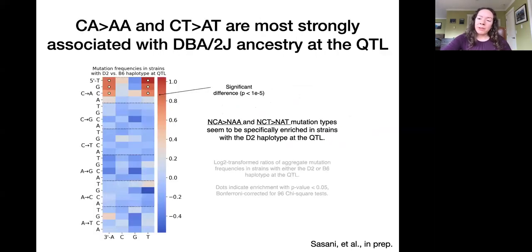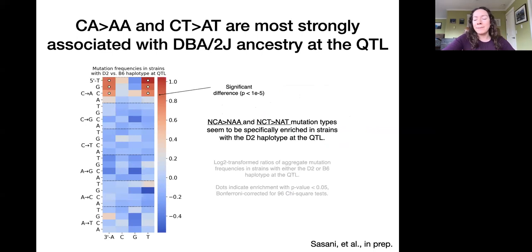And we also examined the triplet context distribution of the C to A mutations that are occurring at a higher rate in the individuals with the D ancestry. And what we see is that it does have a specific context bias, where mutations from CA to AA and mutations from CT to AT are the types that are the most enriched in the mice with the D haplotype.